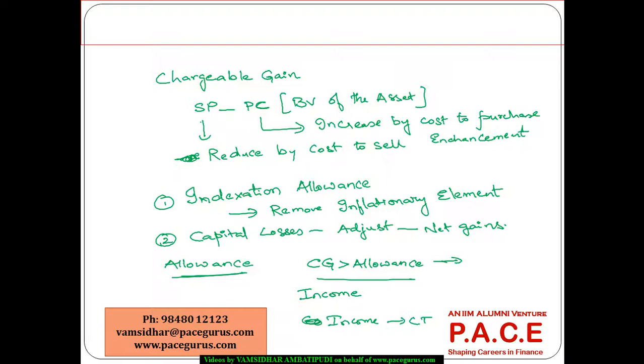In case of individuals it is added to the income, and based on their marginal tax rate bracket they would be charged the income tax on that amount of capital gain which is included as a part of the income. So depending on the level of their taxable income, they are making the tax payments accordingly, right?